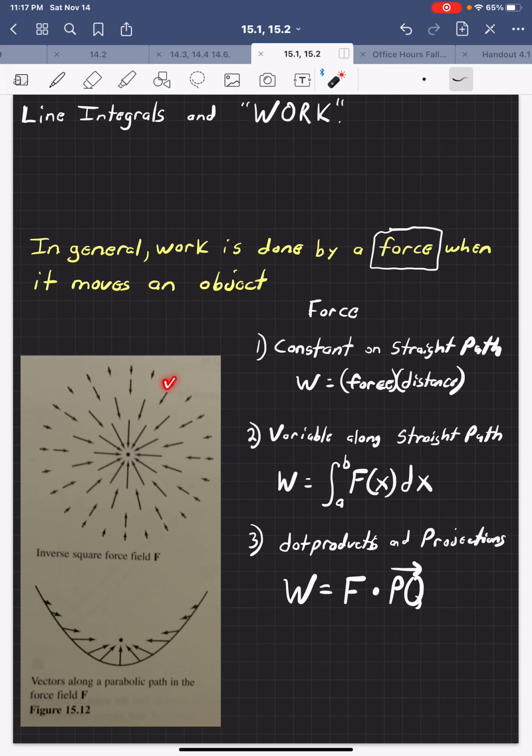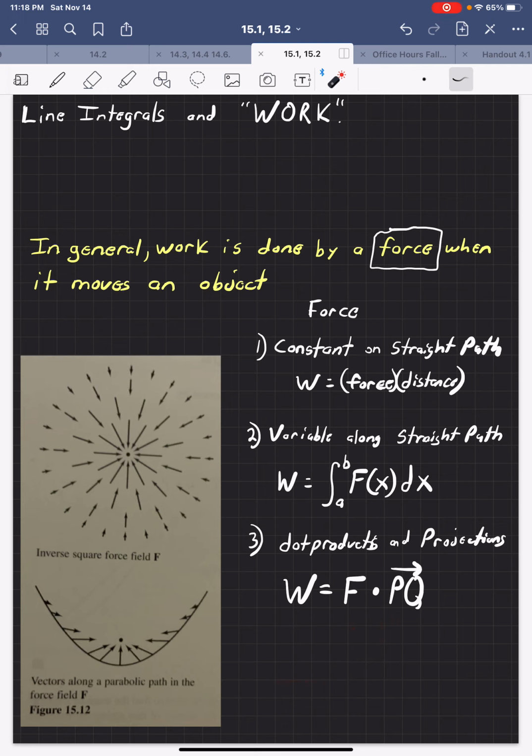The magnitude of the force here is the same as the magnitude of the force here and so forth. This is an inverse square force field, right? This is a vector field, but again, on circular paths, the magnitudes are going to be the same throughout that path. But now, when you have an object moving on a curve, right?